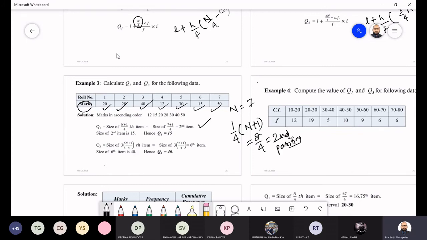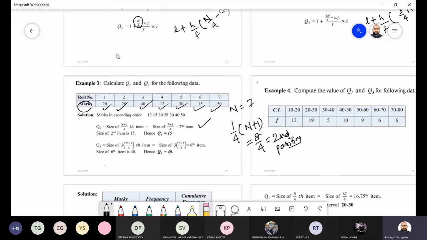So when you are saying the median position, Q1 position, the position is the second position, but the data is different. What is the data at the second position? You have to always arrange it in increasing order, so that you will find the correct Q1 and Q3.